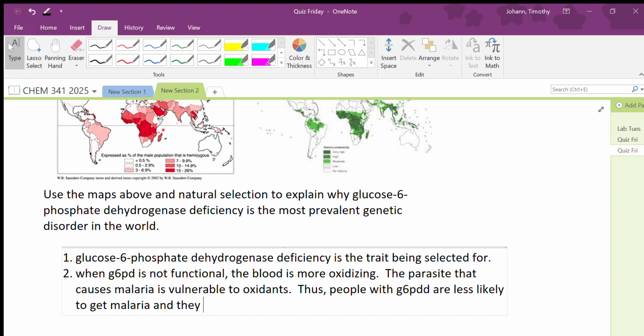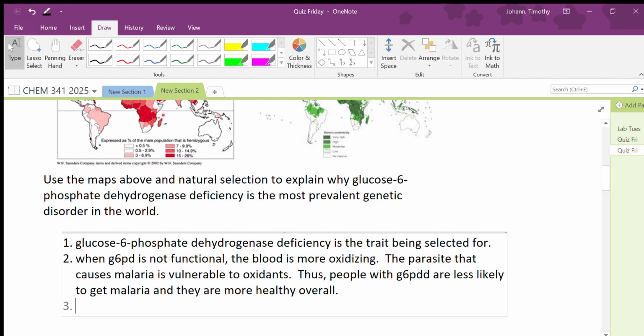And they are more healthy overall. So they can't eat certain things, can't take certain drugs, they're in trouble if they get a bacterial infection, but that's better than having malaria.